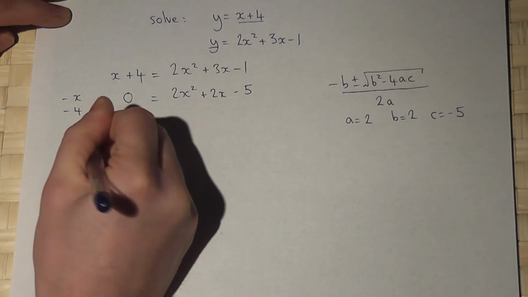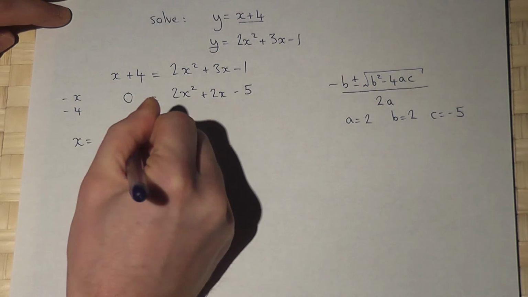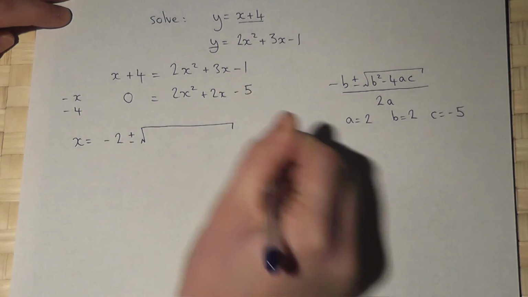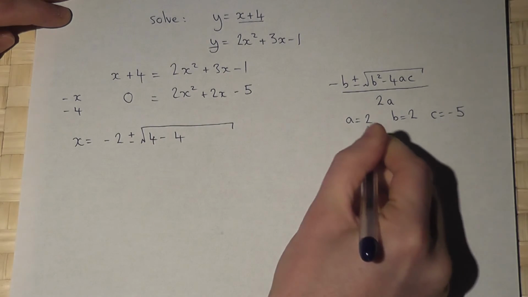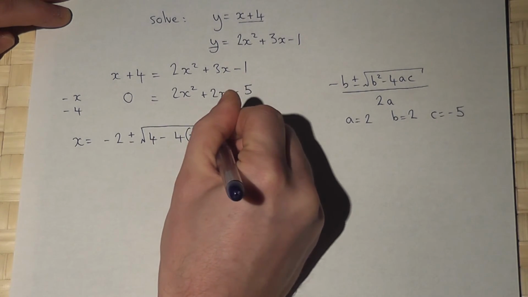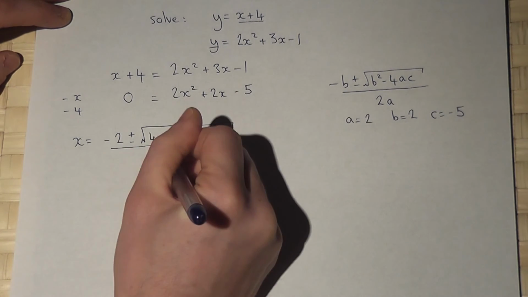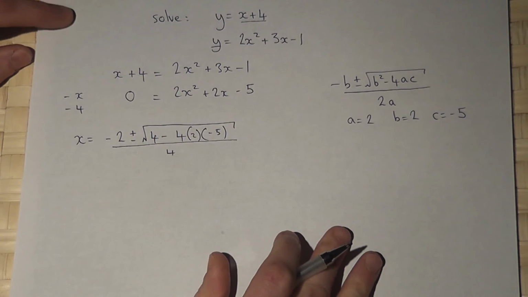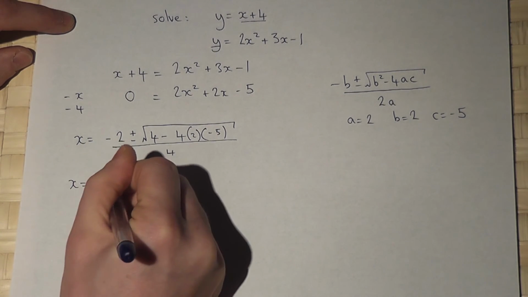So x will equal minus b, well b is 2, so minus 2, plus or minus the square root of b squared, which is 4, minus 4 times a times c, which is minus 5, all over 2 times a, which is 4.